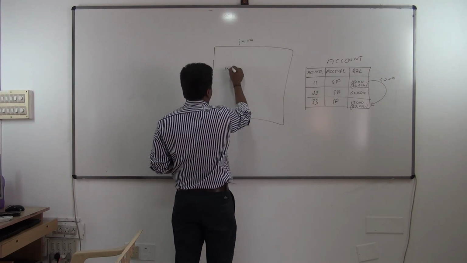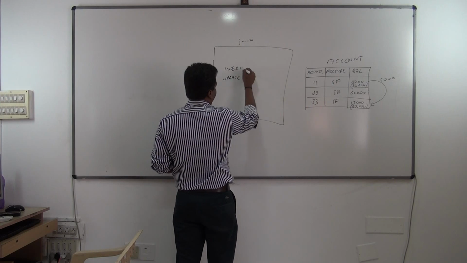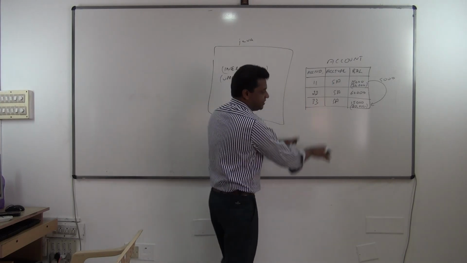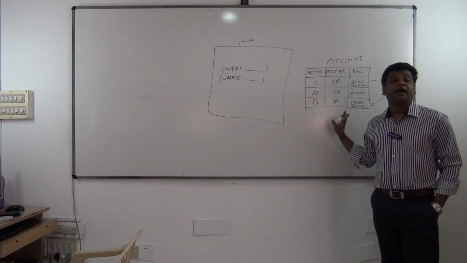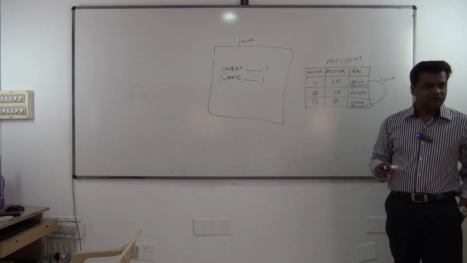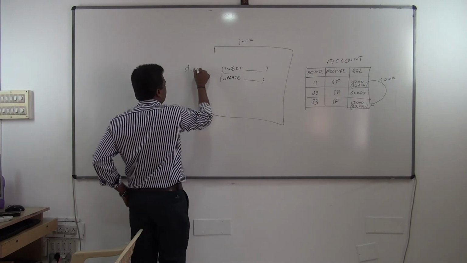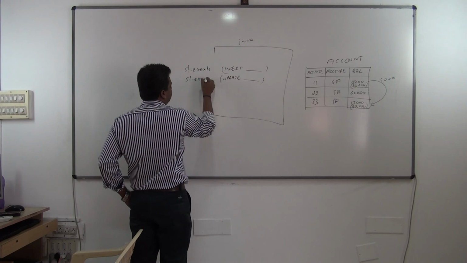I'll say insert, I'll say update, meaning you write any query and execute it. Once I say insert, it is inserted. By default commit is happening. You say st.execute insert, and one row is definitely inserted if your query is correct.